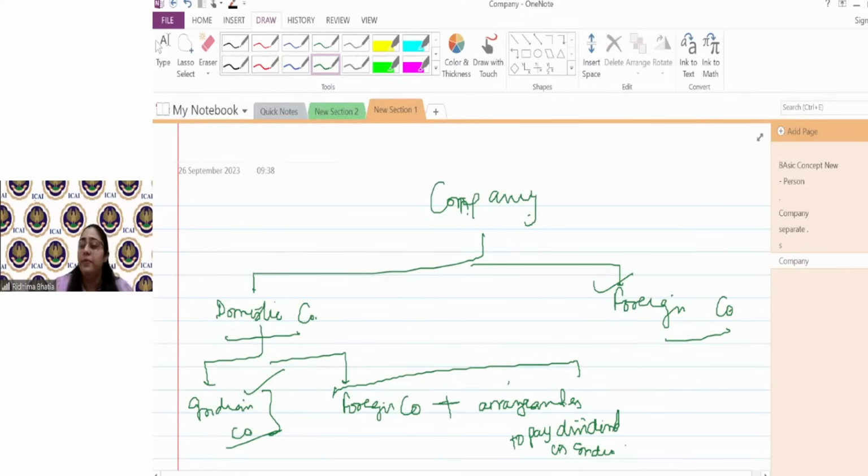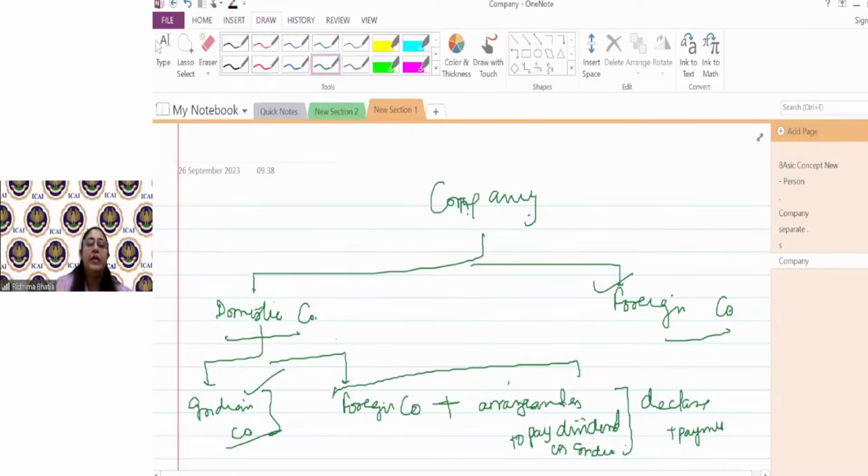अब dividend कैसे pay होता है? First of all, it is declared in AGM. So where it should be declared, in India, okay? The AGM should happen in India. Secondly, in whatever account it is going, those should be in India. That is called arrangements to pay dividend in India. ठीक है? So जहाँ पे वो declare हो रहा है and वो जो payment हो रहा है, that is in India.